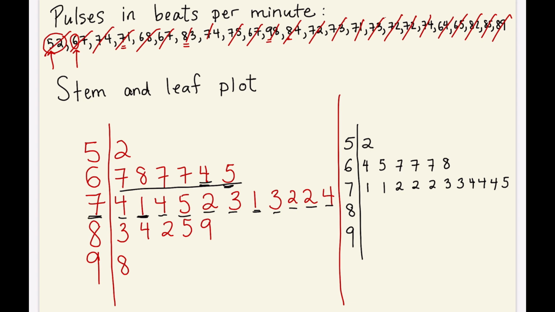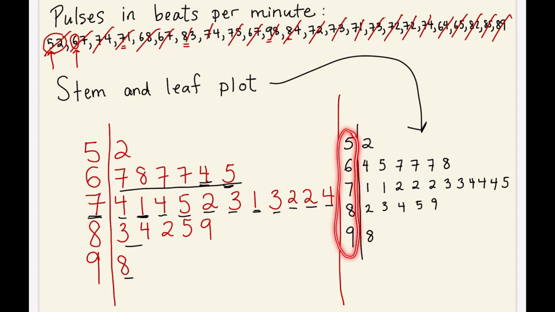For the 80s, we have 2, 3, 4, 5, 9. And for the 90s, we have an 8. This right here is what we call the stem and leaf plot. We use the leftmost digit as our stems, and then we use the right digits for the leaves. This is just another way to visualize data.